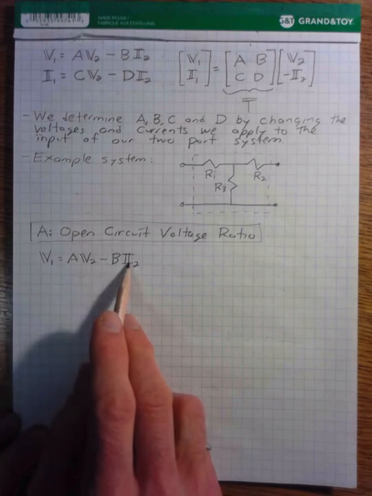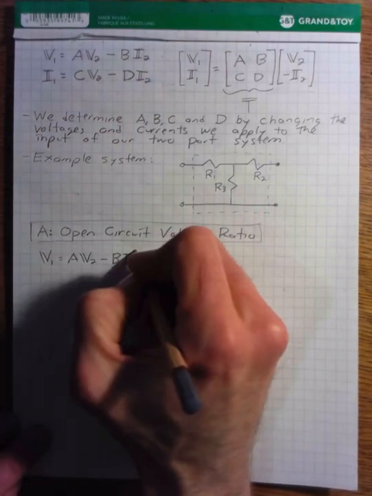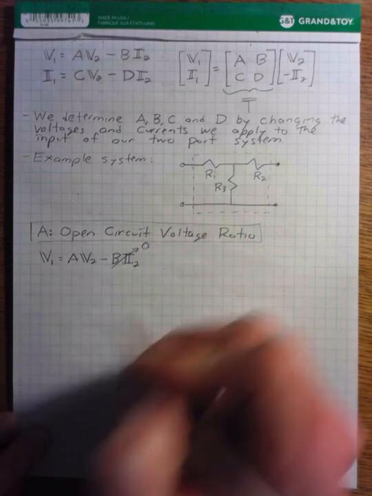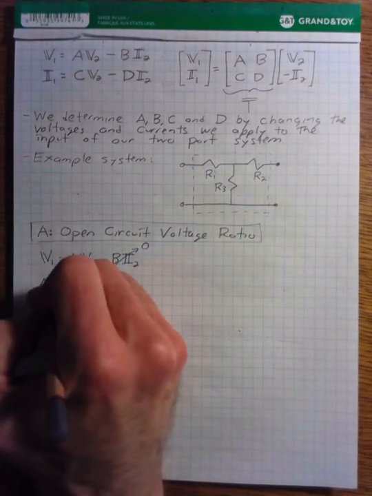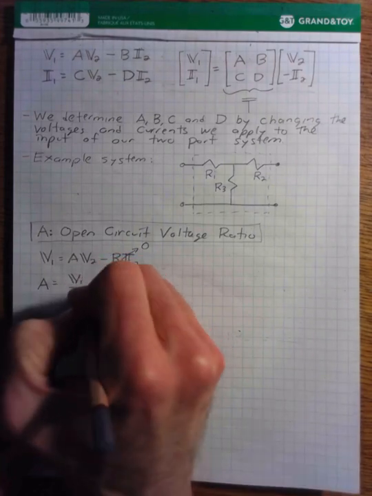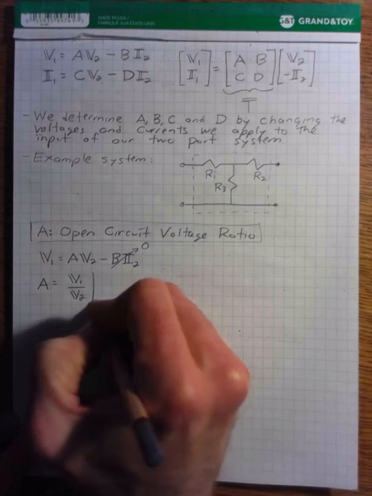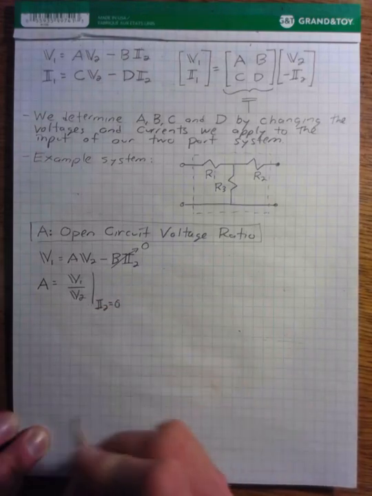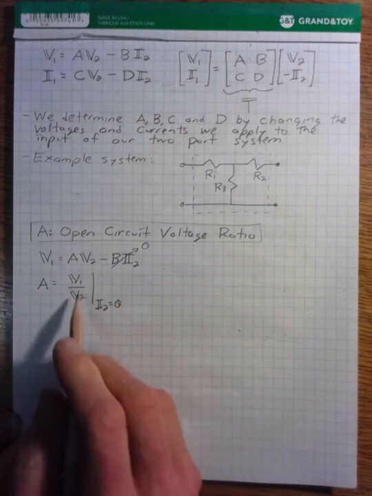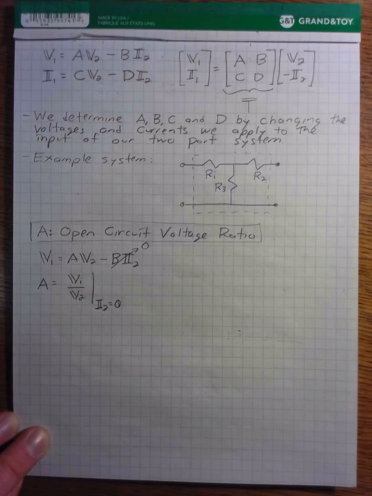If we can configure or set up our circuit so that I2 is equal to 0, then this term falls away, and we can solve for A as being equal to V1 over V2. And then I'm going to use this notation to indicate that I2 is equal to 0. So A is equal to the ratio of V1 and V2 as long as I2 is equal to 0.